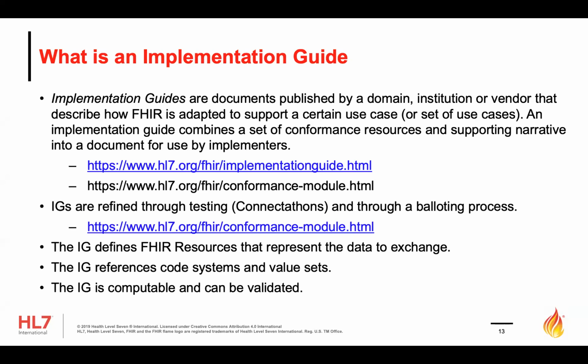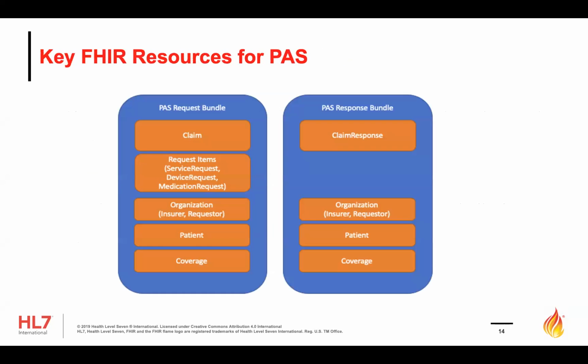So the IG is defining the FHIR resources that represent the data to exchange. It defines code systems and value sets, and it's computable and can be validated. Next slide. So here are some of the key resources in PAS. The basic ones are the PAS request bundle and the PAS response bundle. The bundles are basically a container that can capture all of the information that's going back and forth.